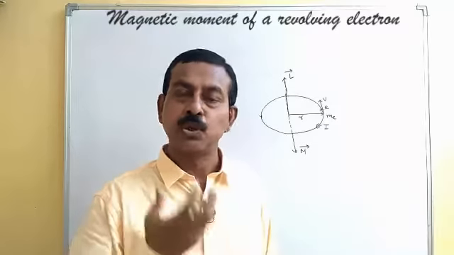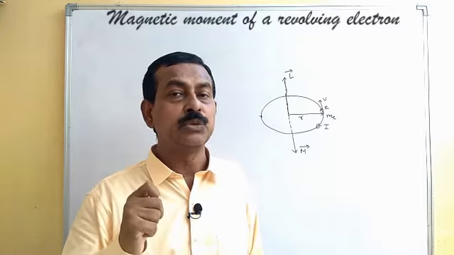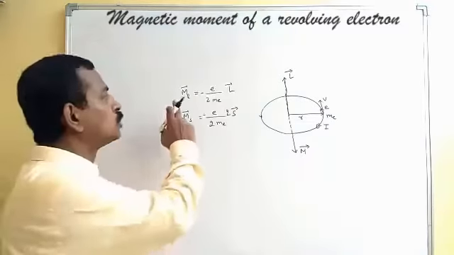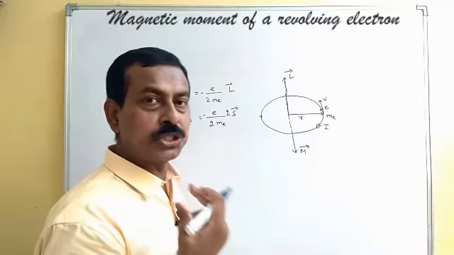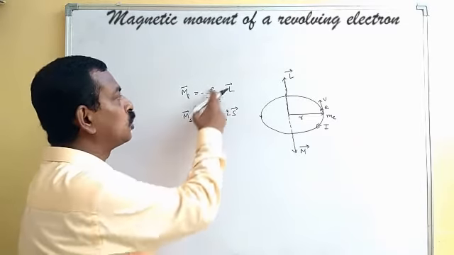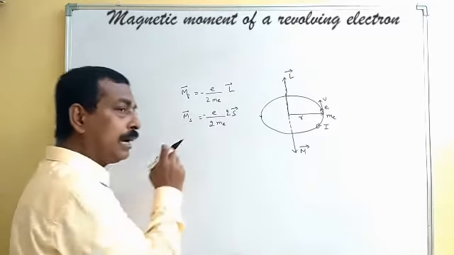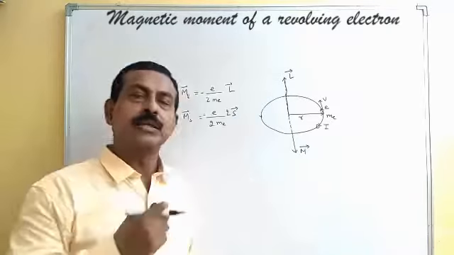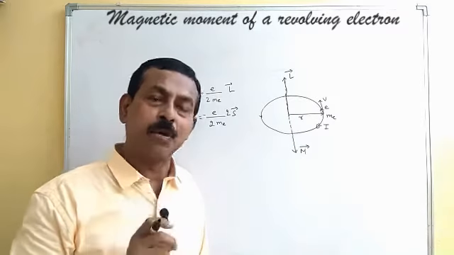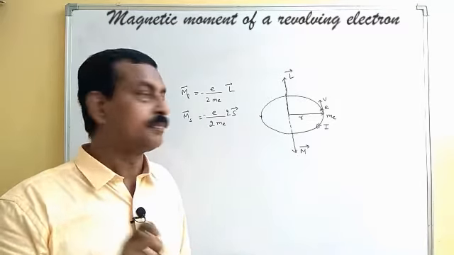So the net magnetic moment of the revolving electron will be the sum of the two. We have a magnetic moment associated with the orbital motion, or angular momentum, that is minus e by 2me L, and the magnetic moment associated with the spinning motion is called the spin magnetic moment or intrinsic magnetic moment.